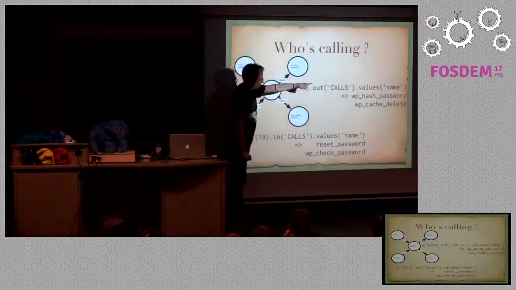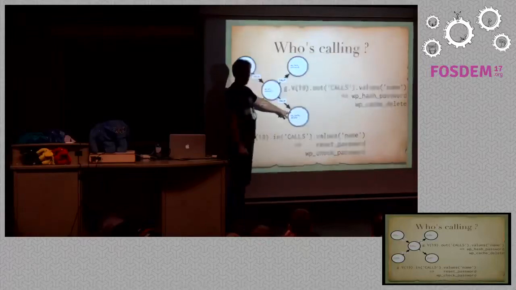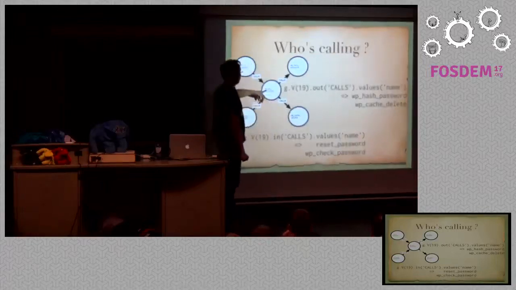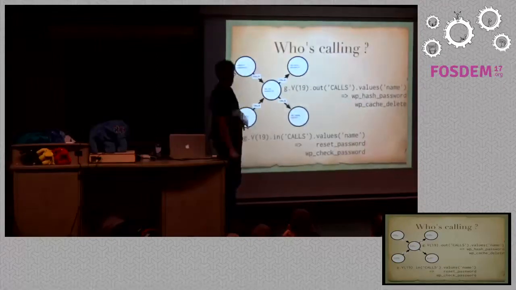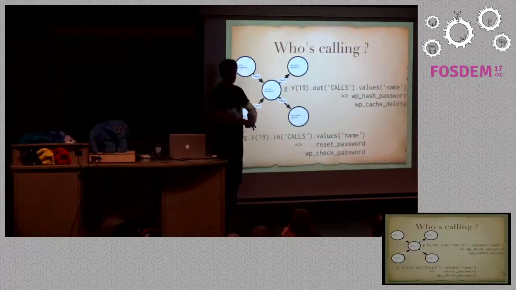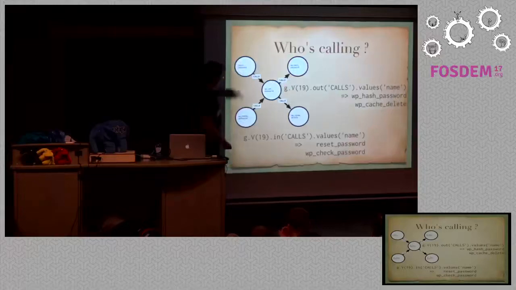I go out 1, 2, and I get the name. So I get those function names, and I can call the incoming functions the other way. I'm not using out because this is a directed graph, so I know which way they're calling. One function is calling the other, or the function is being called. I can know all the functions that are calling WP set password, for example, by using the other one.